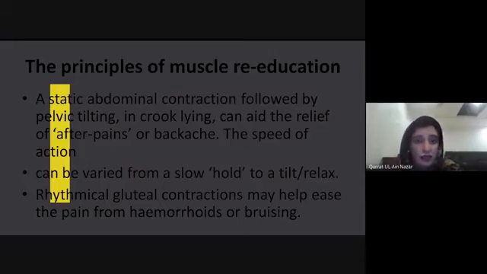A static abdominal contraction followed by pelvic tilting can aid the relief of pain and backache. The speed of action can be varied from slow hold to tilt and relax. And rhythmical gluteal contractions may help ease the pain from hemorrhoids or bruising.